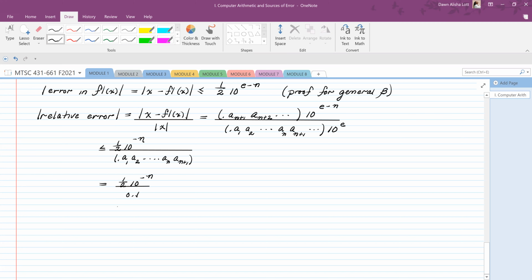Which is the smallest value it could possibly be. So I'm trying to maximize the error. So the smallest this can be, this a1, a2, is the smallest possible value. So then that becomes equal to 1/2 10 to the minus n plus 1. Okay.